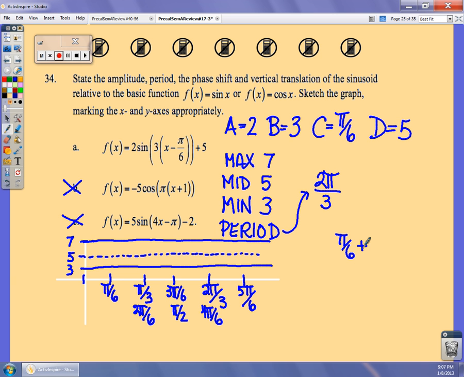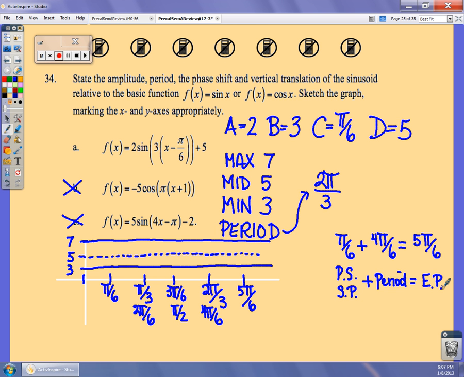If we add to that 2 pi over 3, which remember is 4 pi over 6, we'll get our ending point of 5 pi over 6. So this is our phase shift, which is also the same if you switch those letters around as our starting point. We add to that the period of the function, and then we'll know what our ending point is.